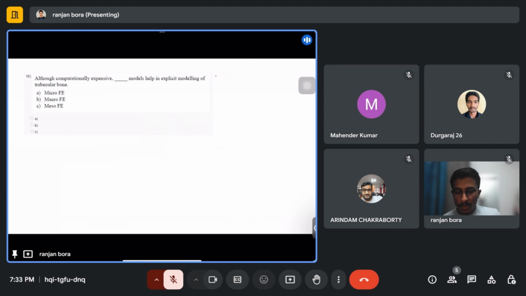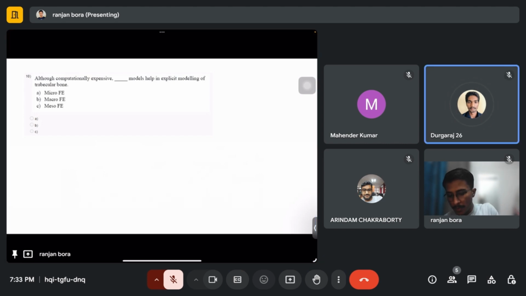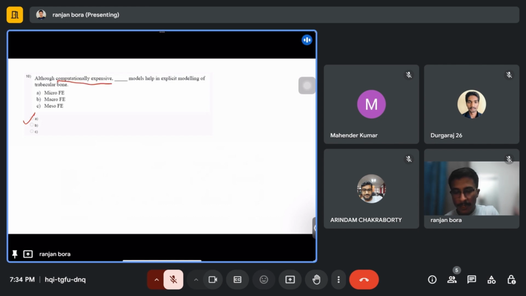Next question. Although computationally expensive, these models help in explicit modeling of trabecular bone. Micro FE. And how is it computationally expensive?